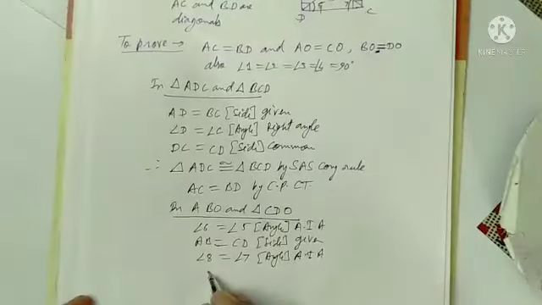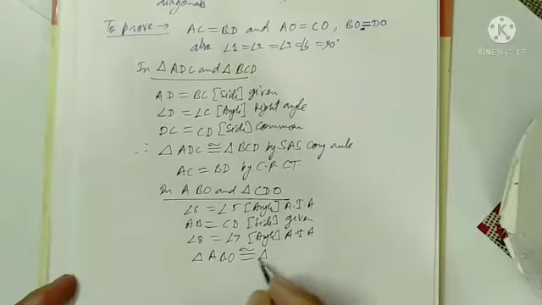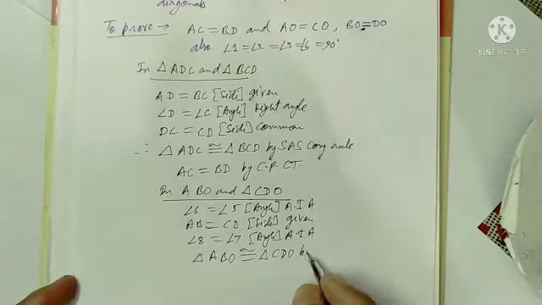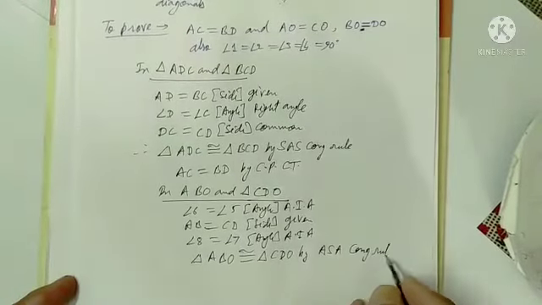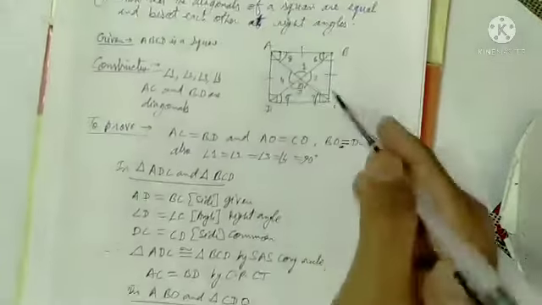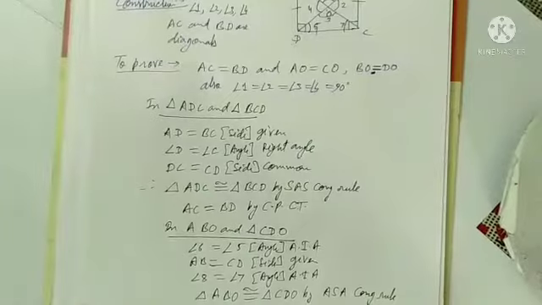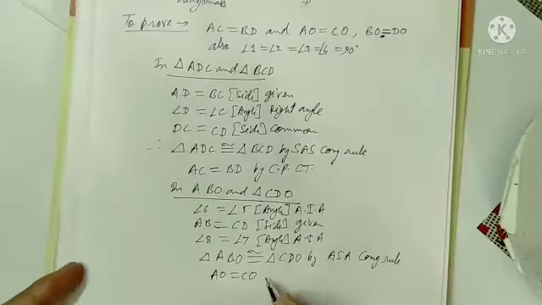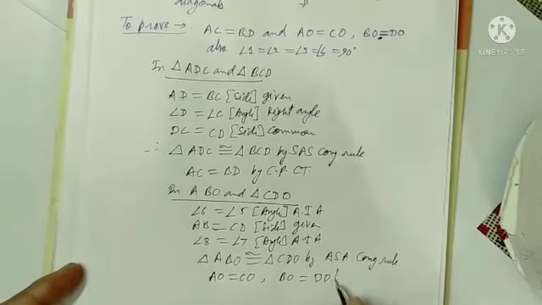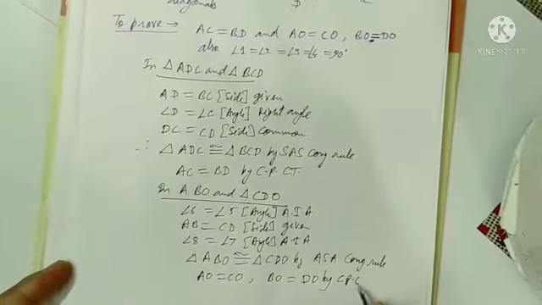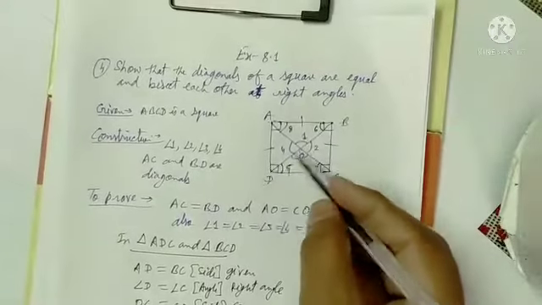So we can say triangle ABO is congruent to triangle CDO by the ASA congruence rule. Then we can say AO is equal to CO and BO is equal to DO by CPCT, corresponding parts of congruent triangles. So we have proved that both diagonals bisect each other.